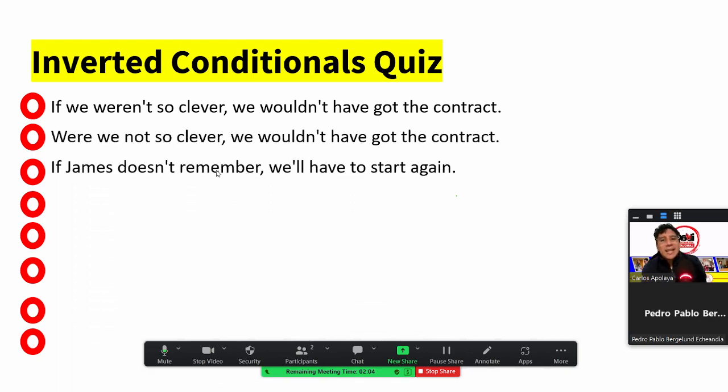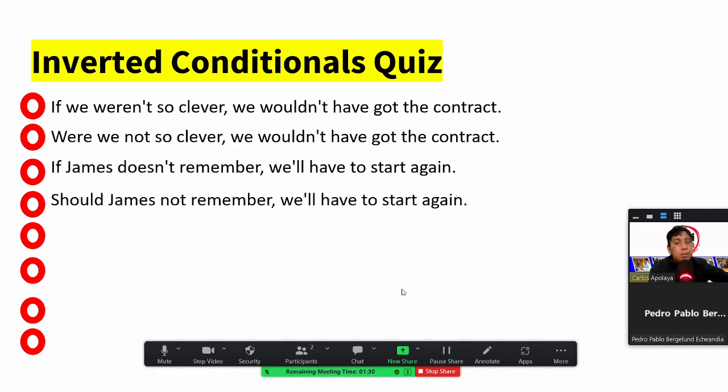Next. If James doesn't remember, we'll have to start again. Should James don't remember? ¿Qué pasaba cuando es negativo?